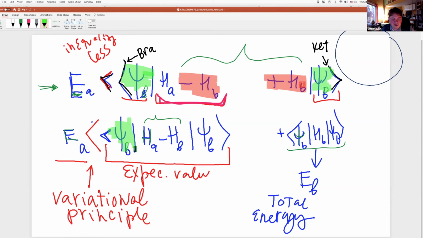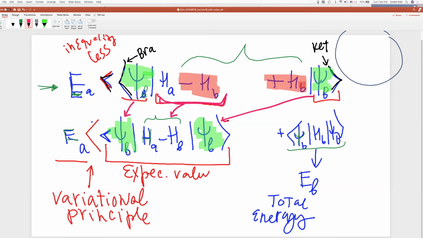I'm just performing a combination of this H sub A minus H sub B and this psi B bra and psi B ket. It's possible to do, right? Yes. Okay. Now there is a remaining term, H sub B.